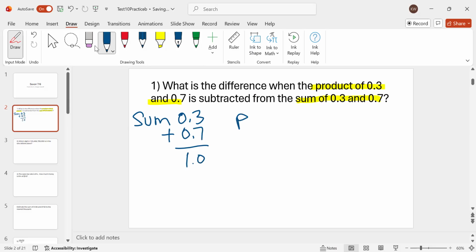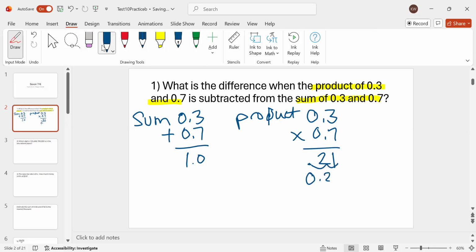The product is multiplying, so 0.3 times 0.7. That's going to be 7 times 3 is 21. And we have two decimal places, 1, 2. So that's 0.21 for the product.